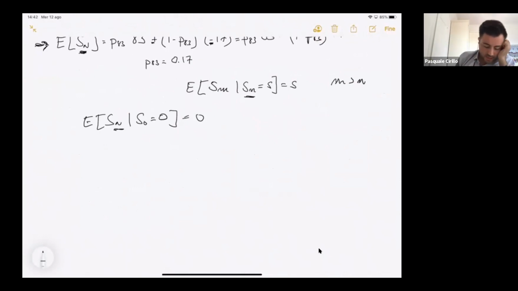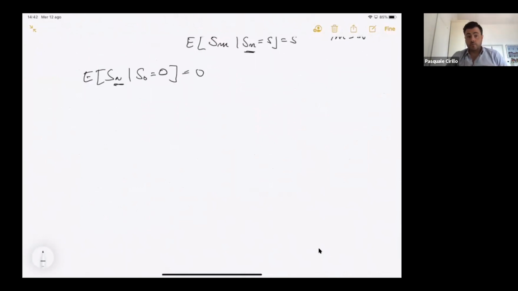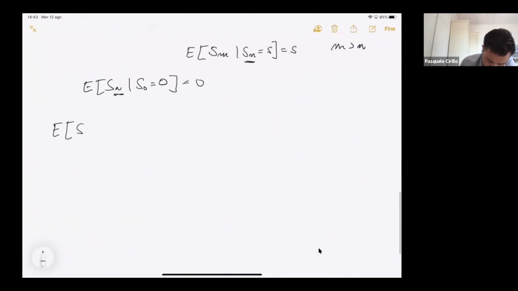Now, what happens in terms of the number of steps? For the number of steps, I can use the second result. If I take the expectation of Sn squared minus n, it needs to be equal to S0 squared minus 0.